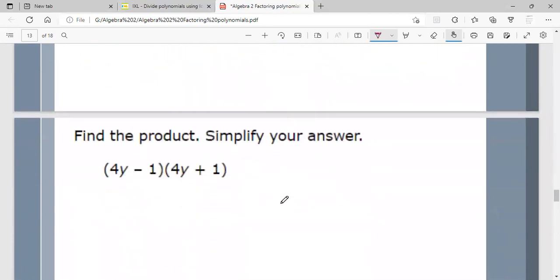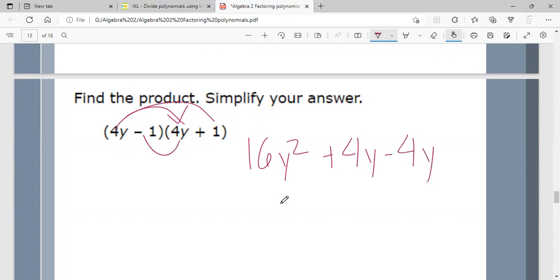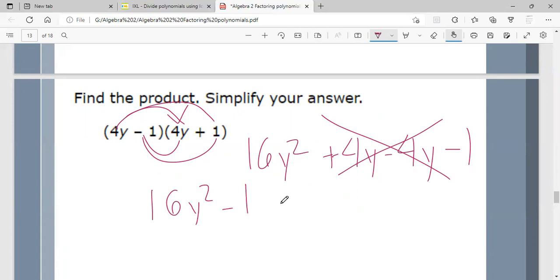All right, so let's move on to a different case. So what if I have a situation like this using my foiling method? So let's go ahead and do it. 16y squared, plus 4y, then minus 4y, minus 1. What's going to happen? My positive 4y and negative 4y cancel out. That's going to be 16y squared minus 1. And that is the same as saying a squared minus b squared.